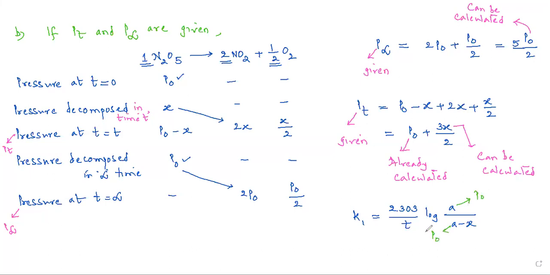You are not given P naught, but you have calculated it making use of PT and P infinite. Come on, K1 is finally 2.303 by T log P naught by P naught minus X. So this is how we can actually monitor the progress of the reaction, taking the pressure into consideration.